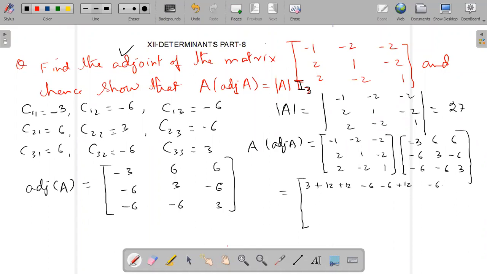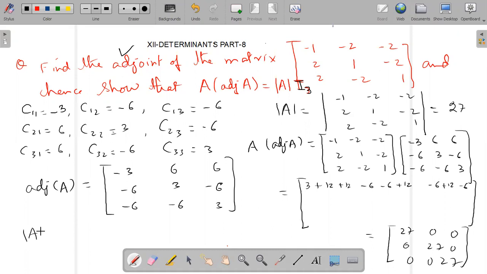Then -6 plus 12, -6. Like this, you will get the final result: 27, 0, 0; 0, 27, 0; and 0, 0, 27.